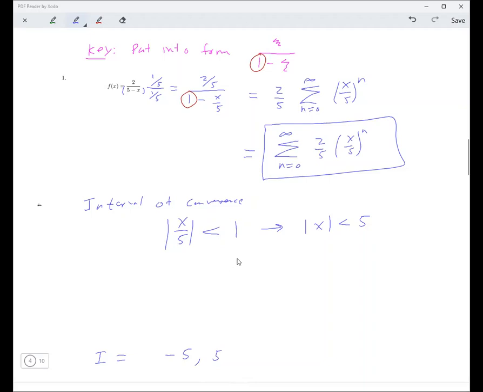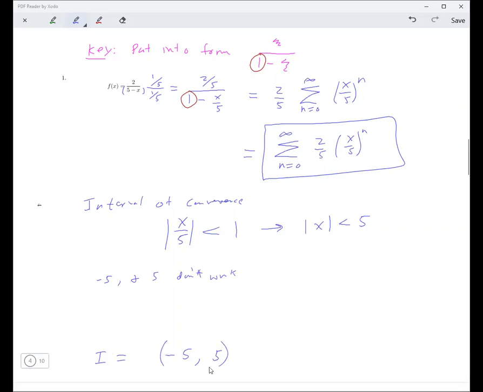And if you check the endpoints, if you put a 5 in here, then you're adding 2/5 repeatedly. And if you put a -5 in here, then you're alternating, it doesn't go to 0, okay? So they don't converge.